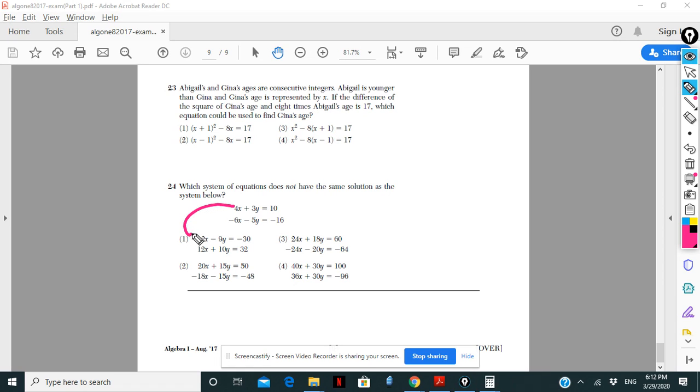What happened here? He multiplied by -3, and here he multiplied the equation by -2, and that's correct. So here multiplying by -3 and here multiplying by -2, so it's giving me the same system. Now I'm going for the next one.